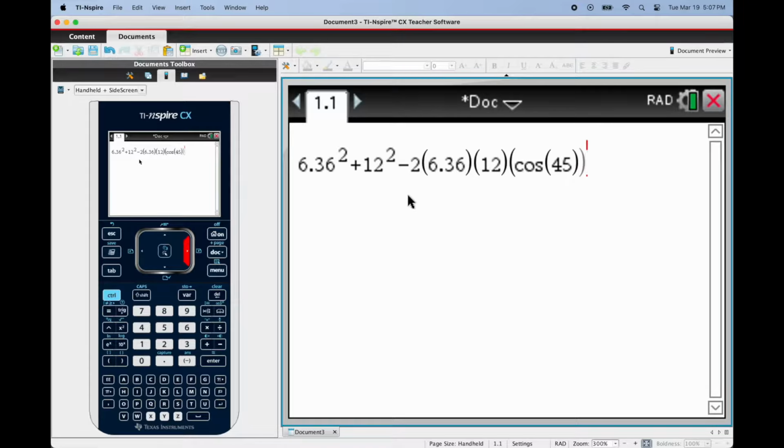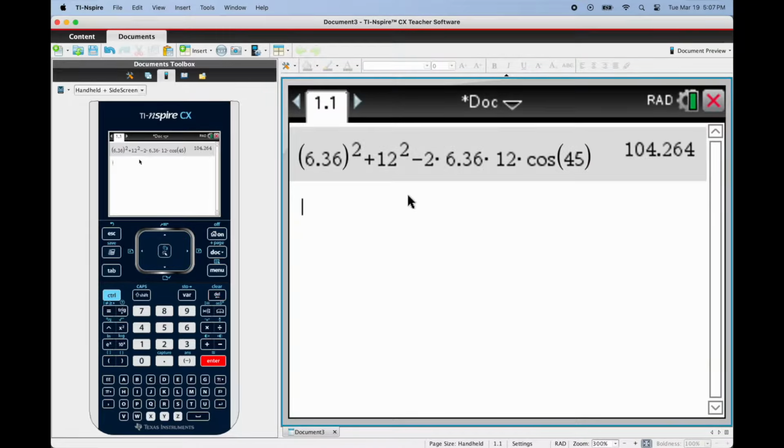All right, and it looks like that looks good. Right, and it's 104.264. Let's go ahead and take the square root of 104. Okay, so there's some more decimals behind it. At 104.26. So we want to take the square root of all of that.